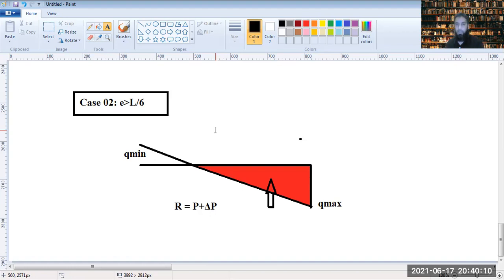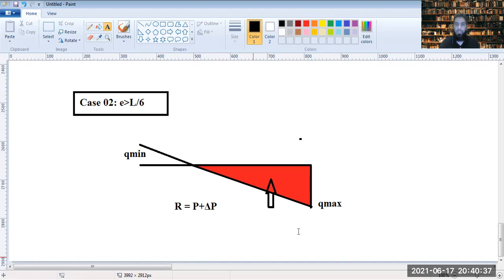So first of all, we need to avoid large eccentricities within the structure. And while designing the footing, you have to take into account that the footing should be at least equally in contact with the soil.